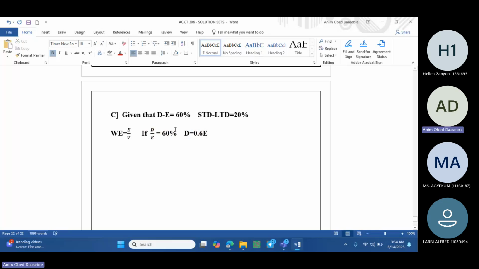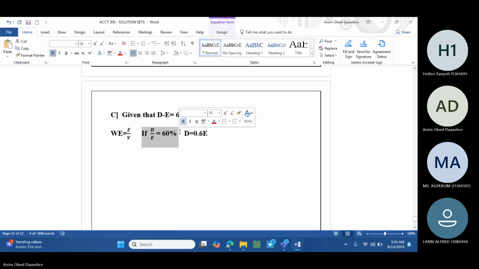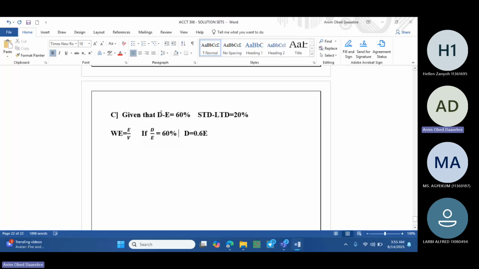Are we good here? You want to make D the subject, so you multiply each side of the equation. Here they give us the debt to equity ratio to be 60%. That's the target ratio of the company.